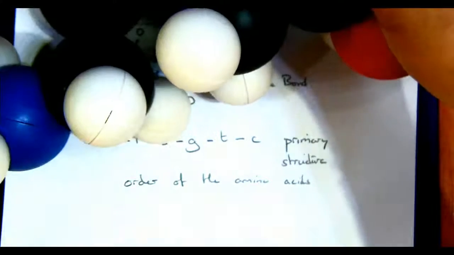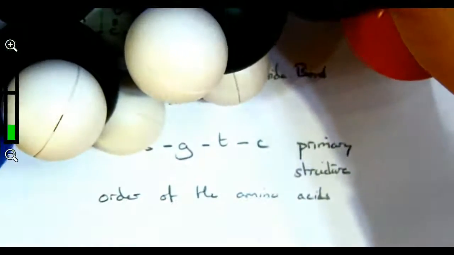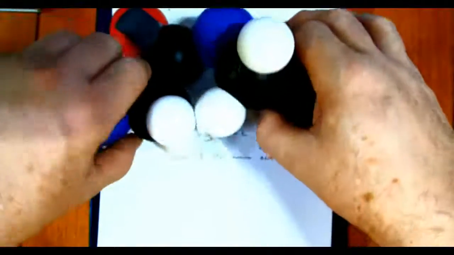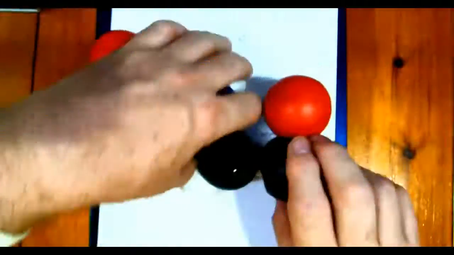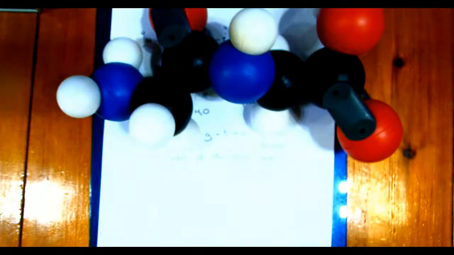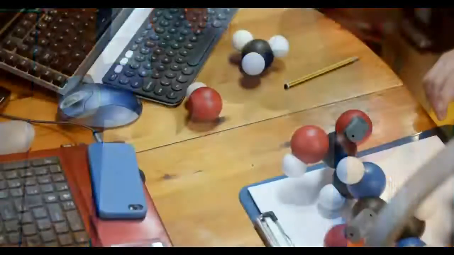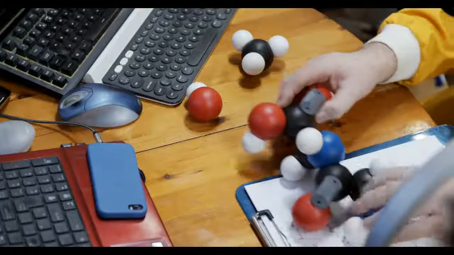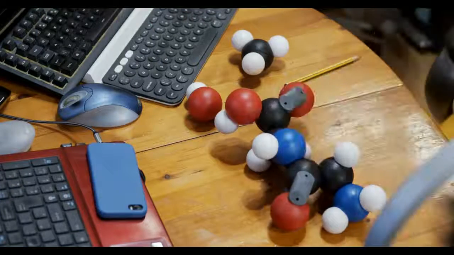Let me zoom out, you might be able to see better what I'm doing here. They've got certain positions they can go to. My molecules are still falling to bits even though I'm using the new atoms. But we can get different sorts of amino acids. We can get different ones.